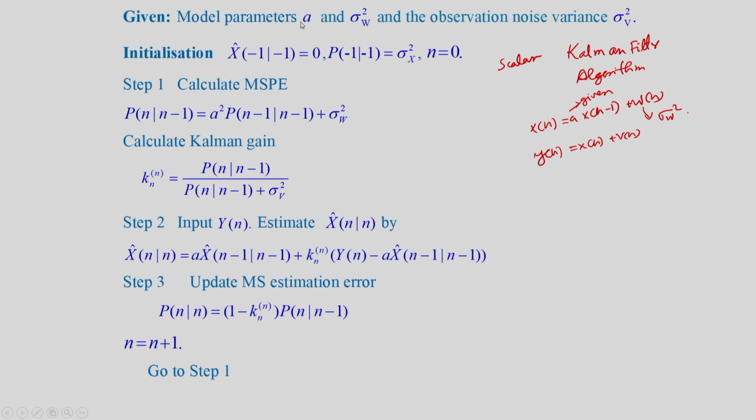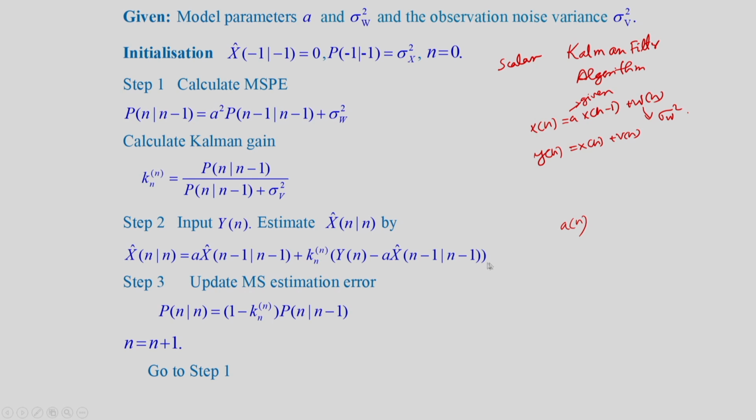Here we have taken constant a, but to tackle non-stationarity we can take a as a function of n. In that case, a_n will also be an input to the algorithm at this stage. So, along with y_n we have to give the value of a_n also.